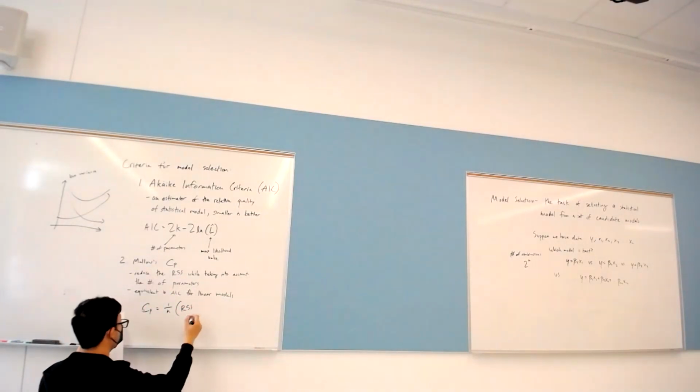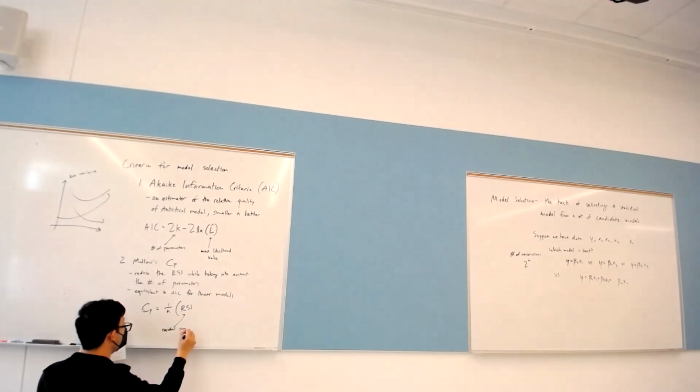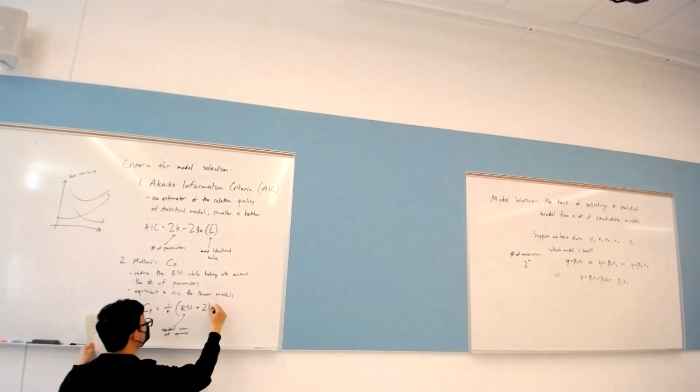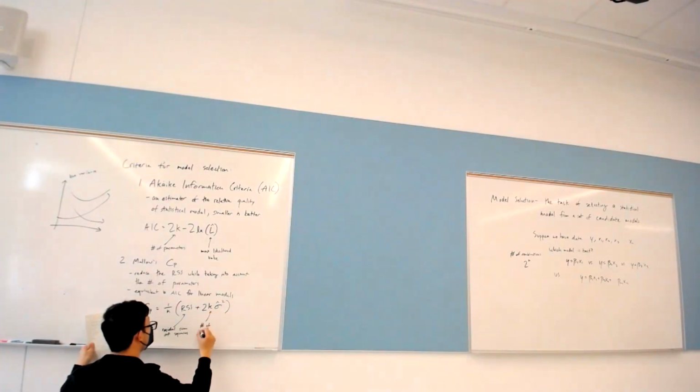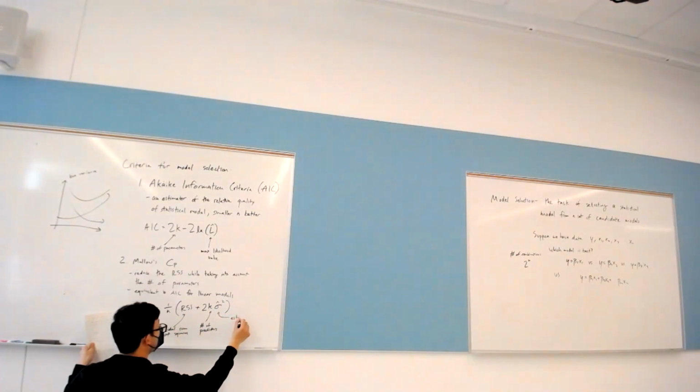The RSS is the residual sum of squares, k is the number of predictors, and sigma squared is our estimate of variance.